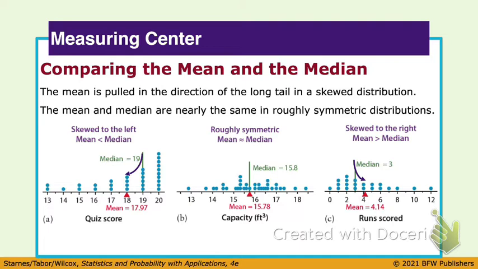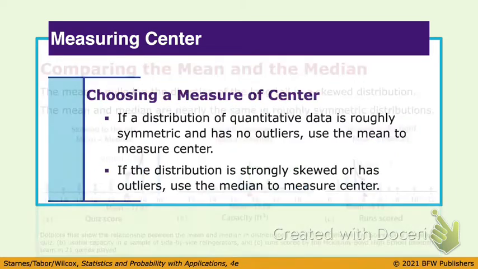If your mean is bigger than the median, you have a right skewed distribution because your mean got pulled to the right. Does that make sense? Perfect. All right, so that is how you can tell from just the mean and the median what your distribution is shaped like.